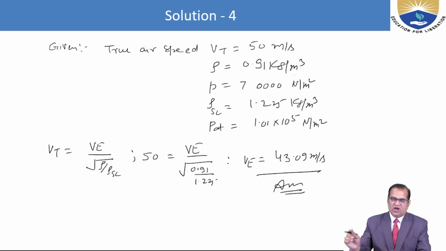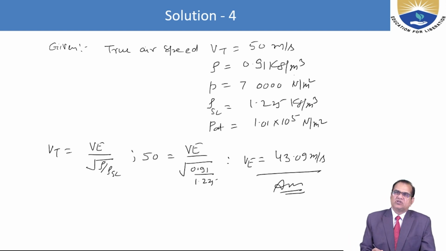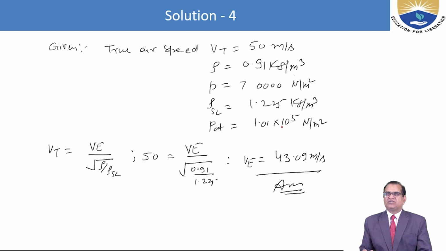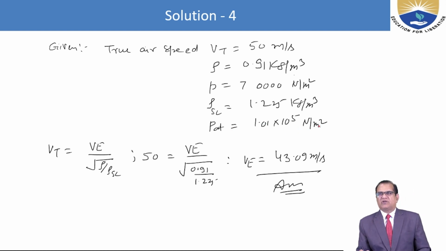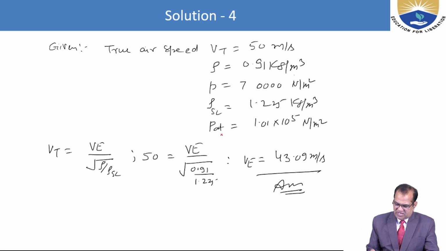So let's see how we can proceed. Given data: true airspeed Vt is 50 meter per second, rho is equal to 0.91 kg per meter cube, P is equal to 70,000 Newton per meter square, rho SL is equal to 1.225 kg per meter cube, and P atmosphere is 1.01 into 10 to the power 5 Newton per meter square.